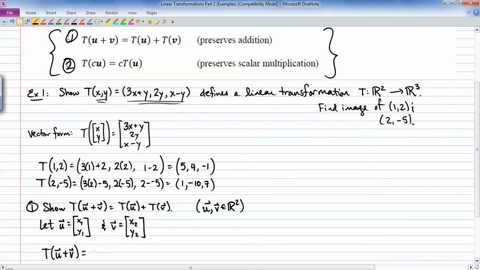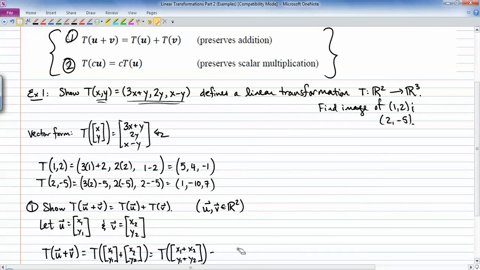So T of (u + v) is really T of (x1, y1) plus (x2, y2). And that's really the same thing as (x1 + x2, y1 + y2) in one vector. And then I know that that turns into this thing right here. So it's 3 times the top component.